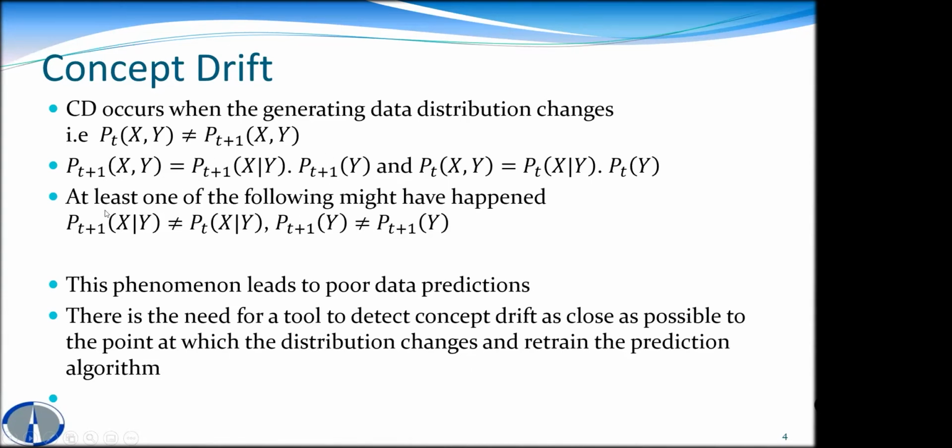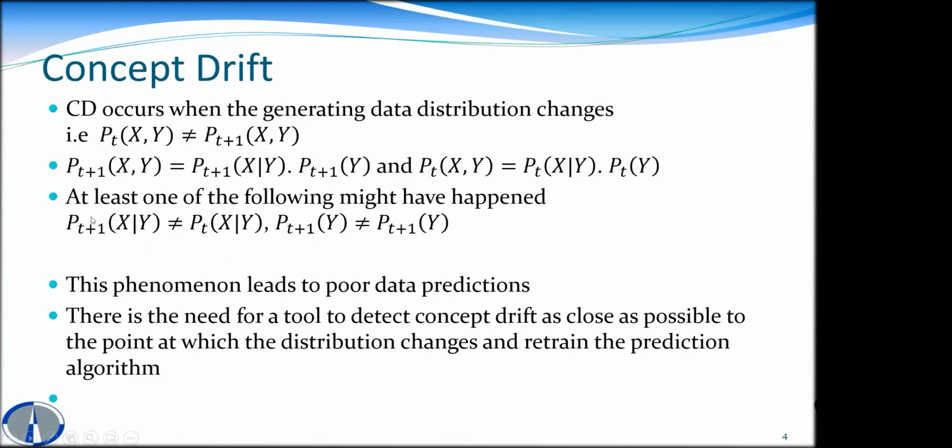Thus, if this conditional probability at timestamp t+1 is different from this conditional probability at timestamp t, we might have a concept drift, or either our distribution of the labels changes, or we have a combination of those two.